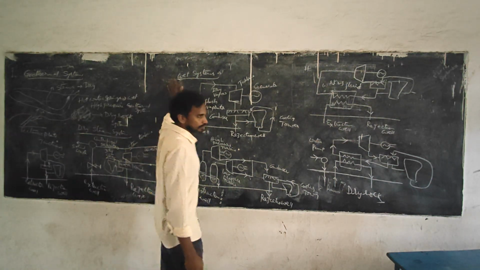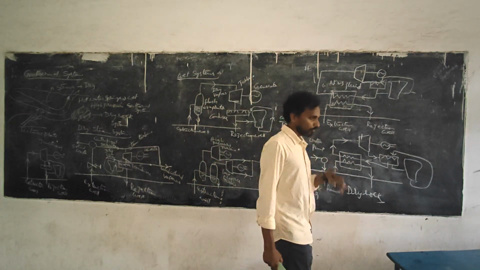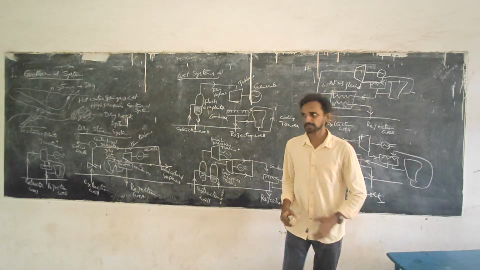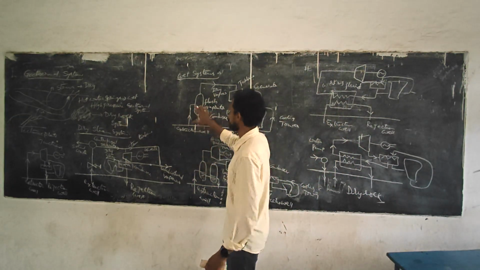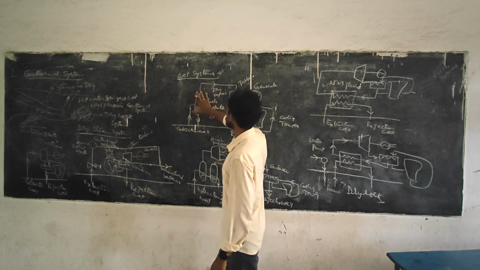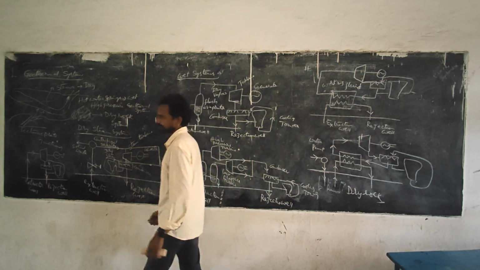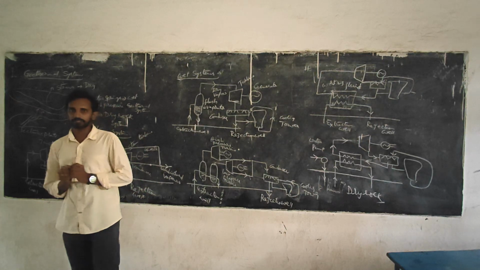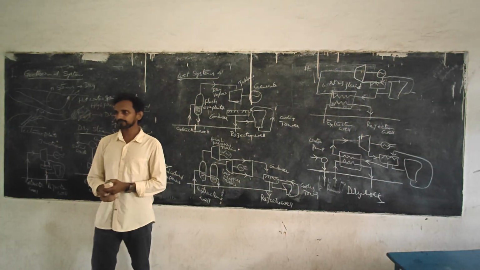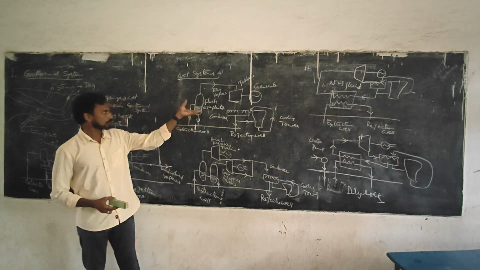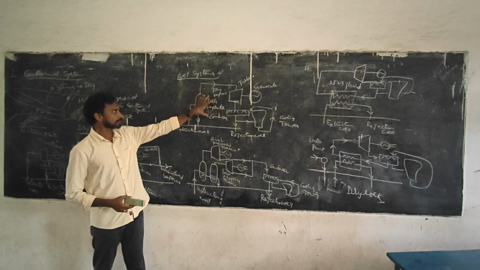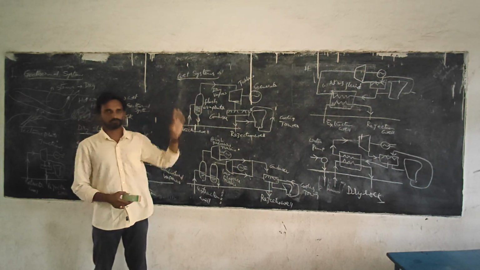And when you have wet systems, you have hot water available for energy extraction. So we use a flash evaporator, where the water will be suddenly expanded. So its temperature reduces, but it will be converted into vapor.